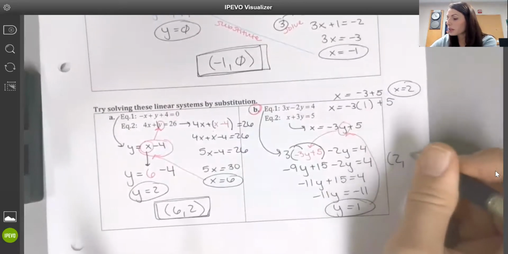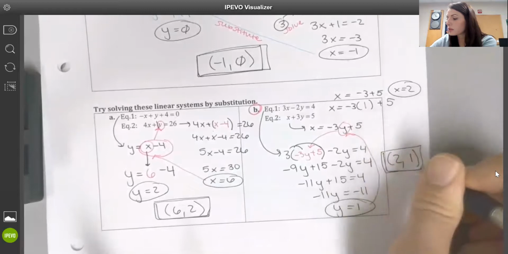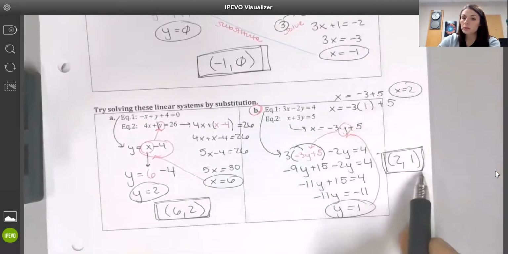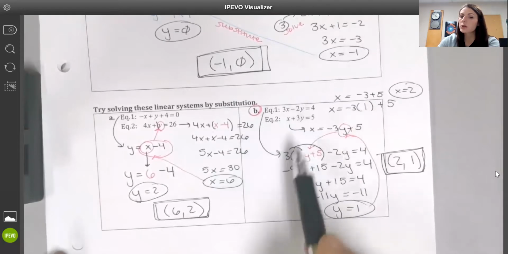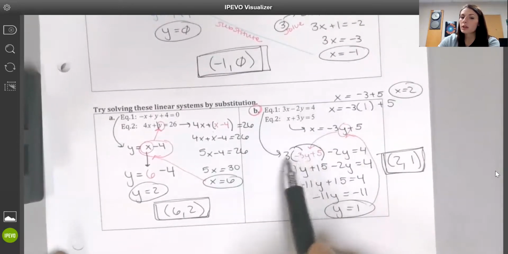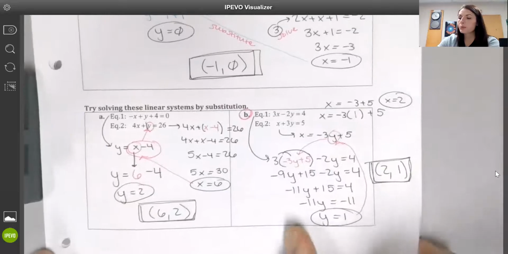And then putting that together, these lines must intersect at (2, 1). So just to see how that works, when I do have a coefficient where I substitute in, I need to distribute through.